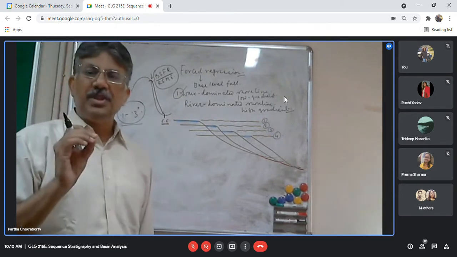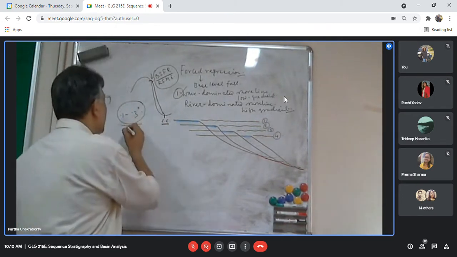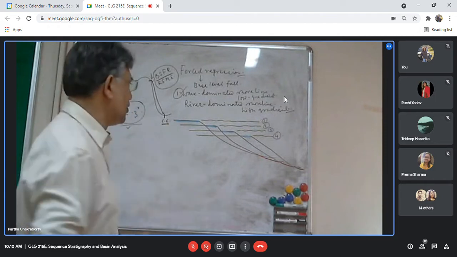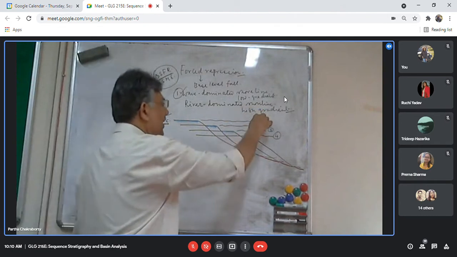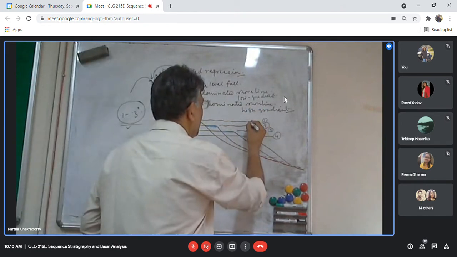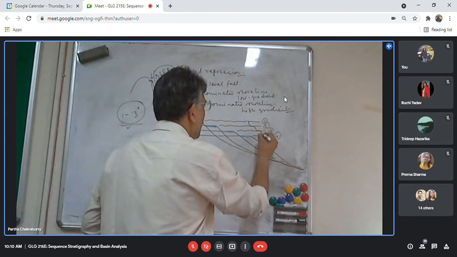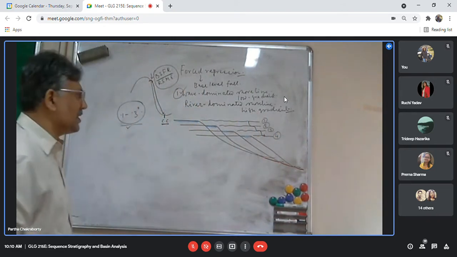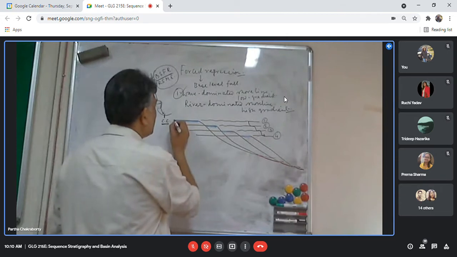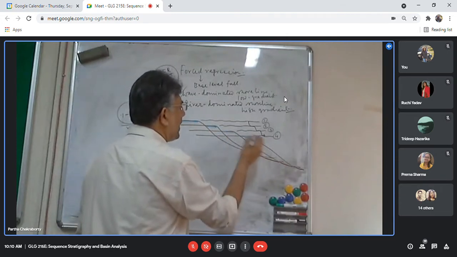Now, what is actually happening is that the sea level is continuously falling, and your stratal stacking is taking a pattern like this.